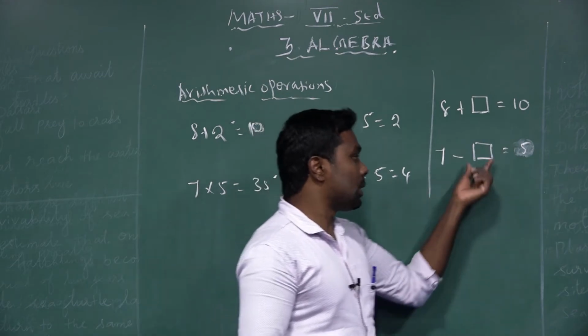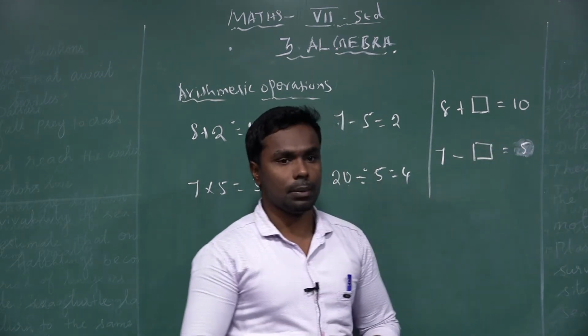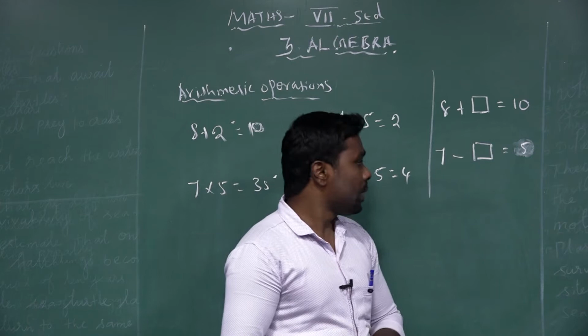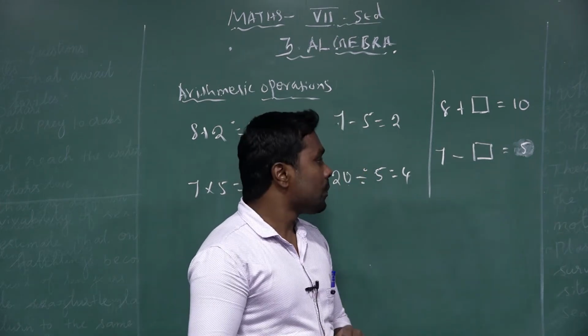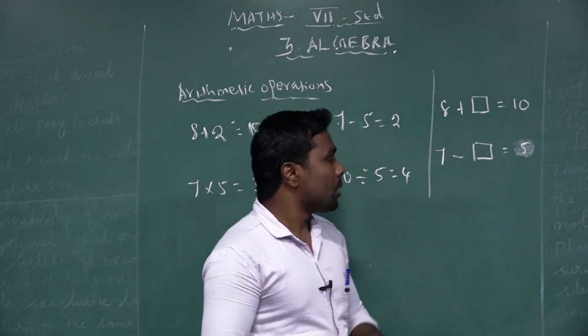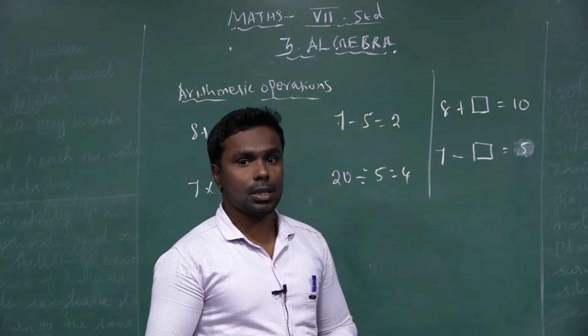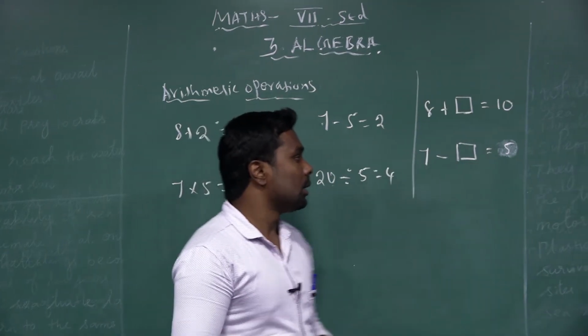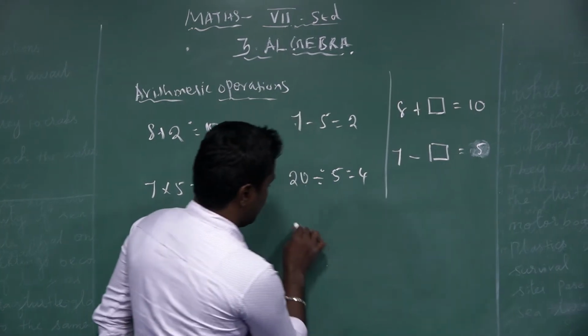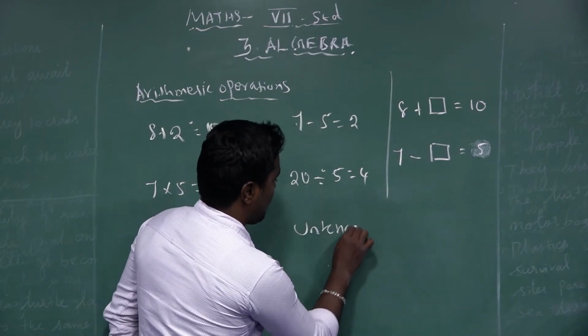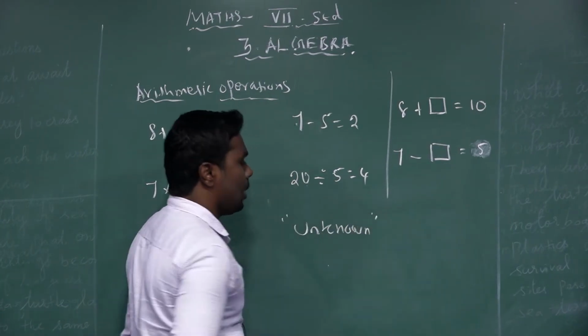And what should be subtracted from 7 to get the number 5? Here, we are finding the value of the empty place, which we don't know yet. Hence, the empty place is called unknown.